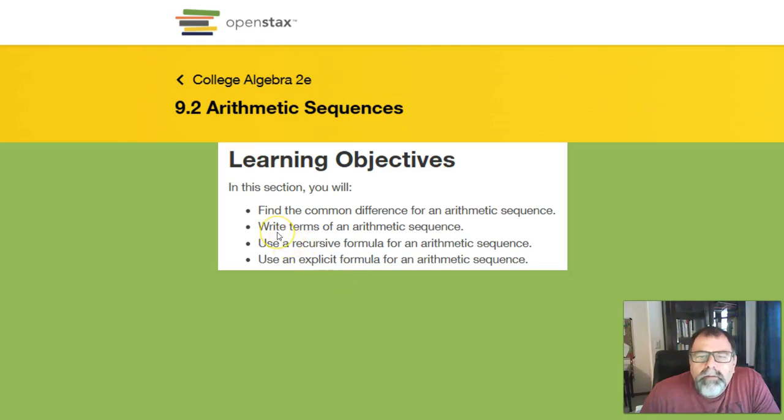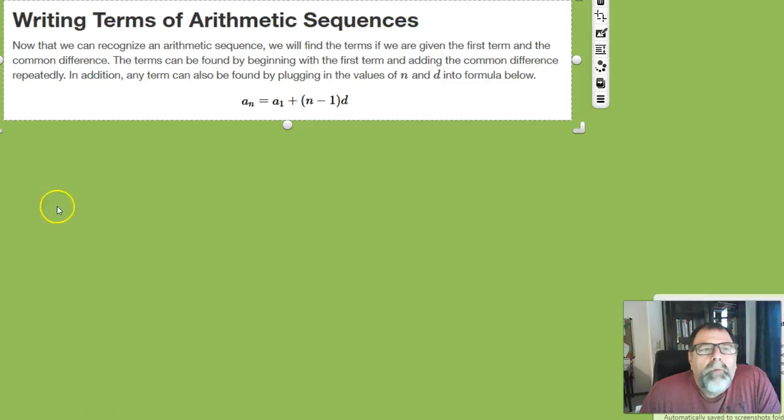Okay, the next objective, write terms of an arithmetic sequence. Now that we can recognize an arithmetic sequence, we can find terms if we are given the first term and the common difference. You start with the first term.